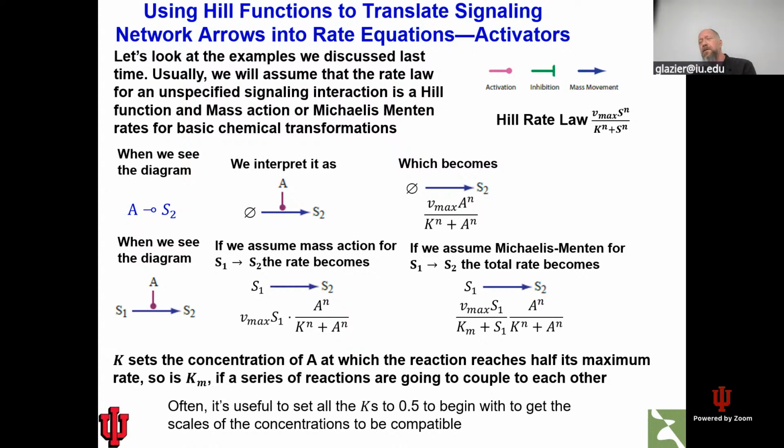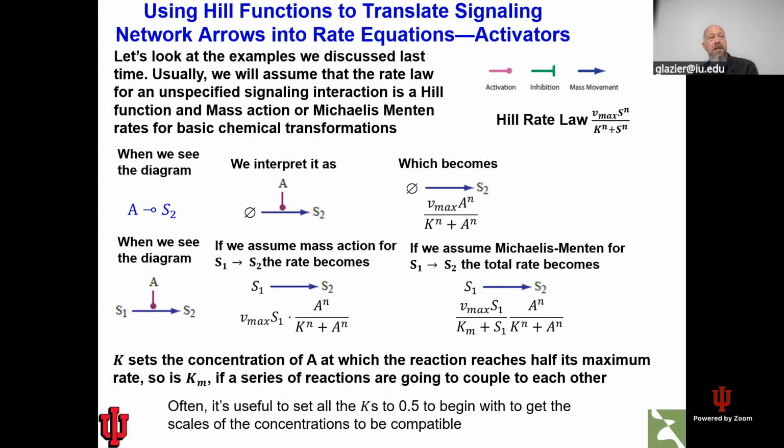If n is bigger, the sigmoid is steeper. And we'll discover that for most cases, the value of n isn't that important. If we pick a value of n equal to 4, 6, 8, 10, we get more or less the same result. If we make n less than 4, if we make n equal to 1, we get the Michaelis function, which is actually quite different. But for n between 2 and 8 or 10, basically the value of n doesn't matter that much, at least to first order.